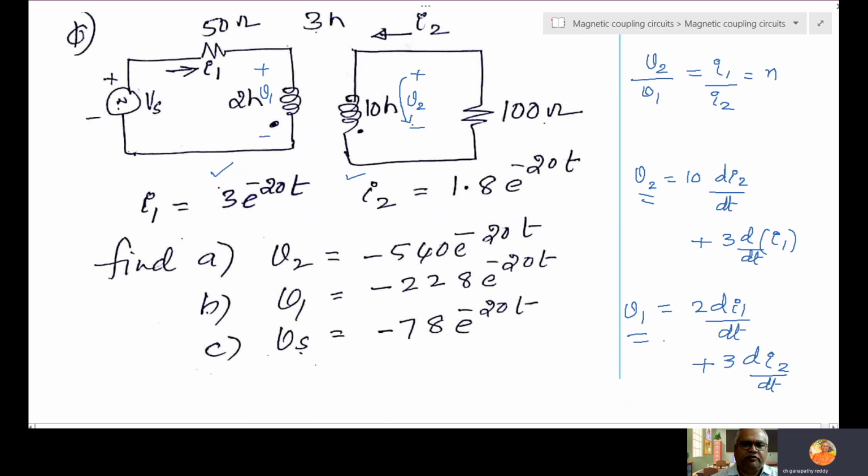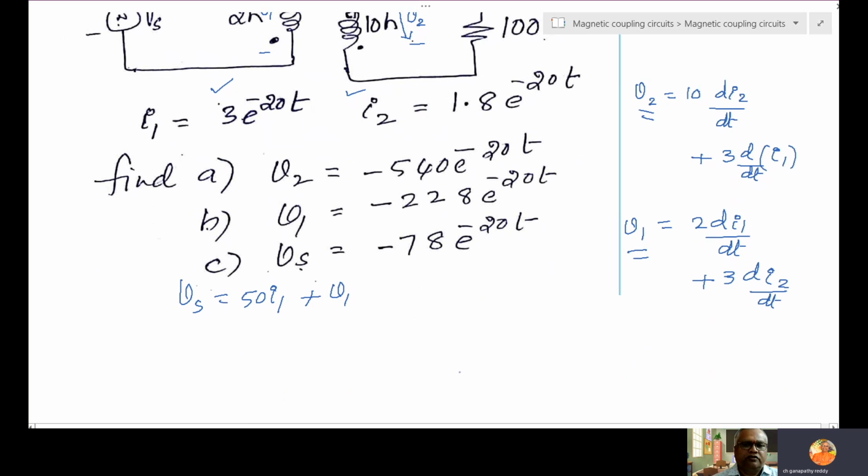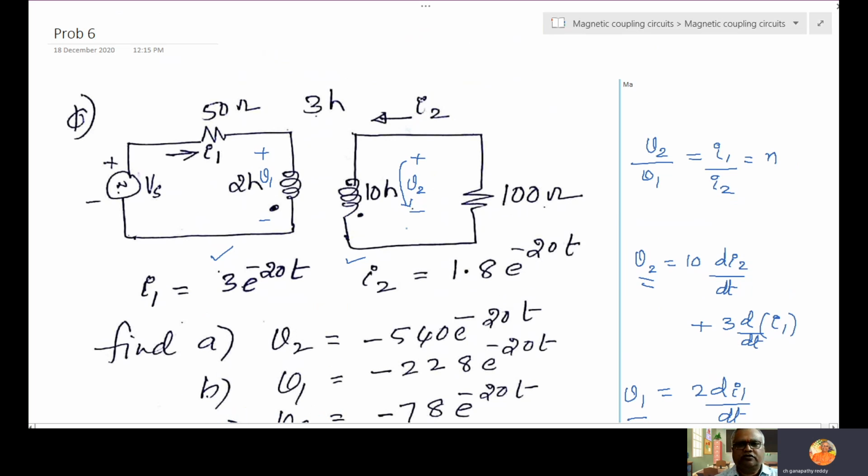Then what will Vs be? Vs is equal to 50 into I1 plus V1. V1 is already done, I1 is given, simplify and you will get Vs. The answers are there, you can cross-check yourself.